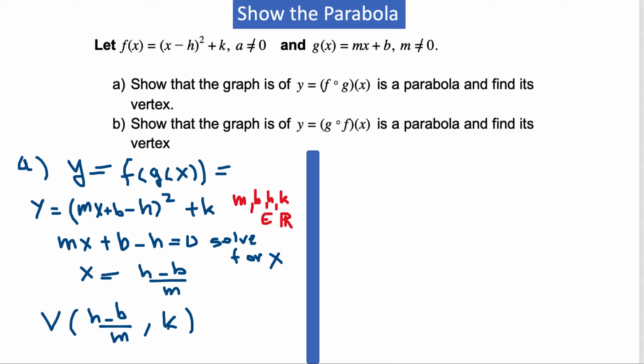So in part B, it goes this way. Now we have this composition function, y equal to g of f of x.